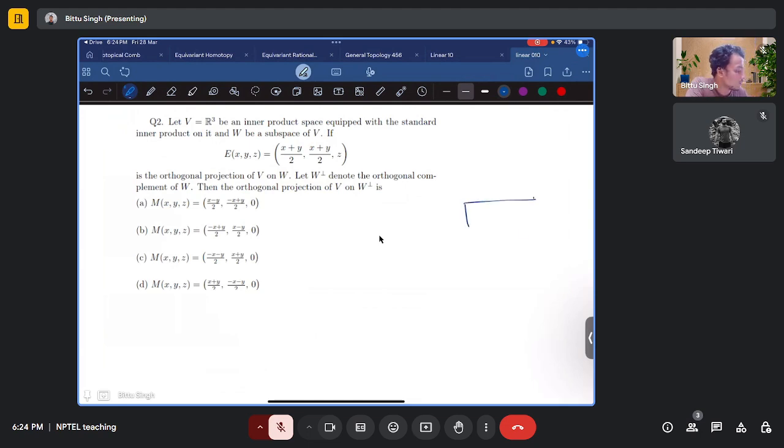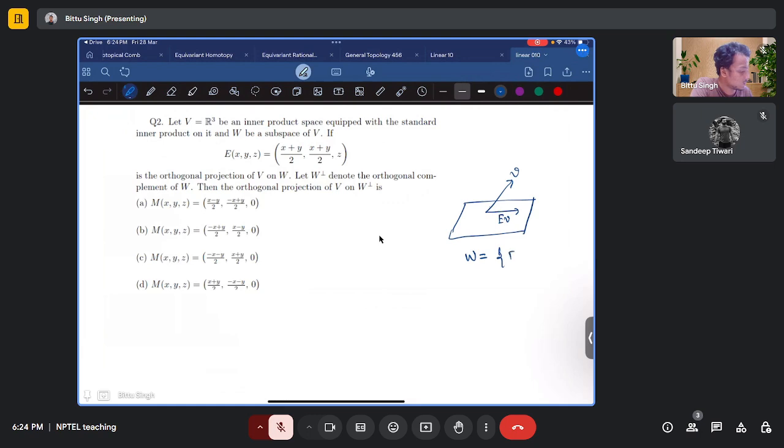So this is our given space, and any vector V will fall on this part, EV. So the space W will be generated by those kinds of vectors.